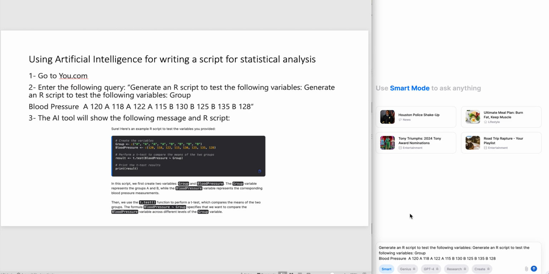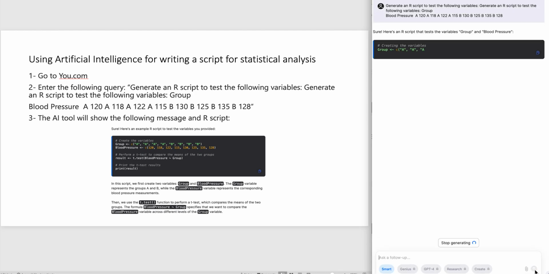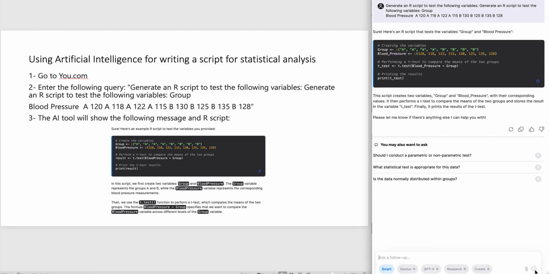So now that we have our question in the AI tool, we already asked the tool to make the R script, so I'm just going to run it. And this is going to give me again this statement, and this is exactly what I already put in the slides here. So now that we have this script, we would like to understand it.